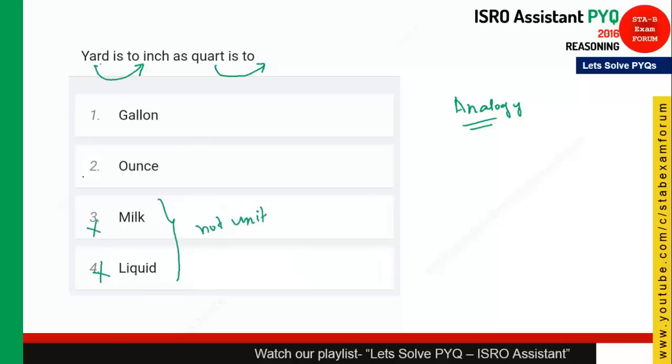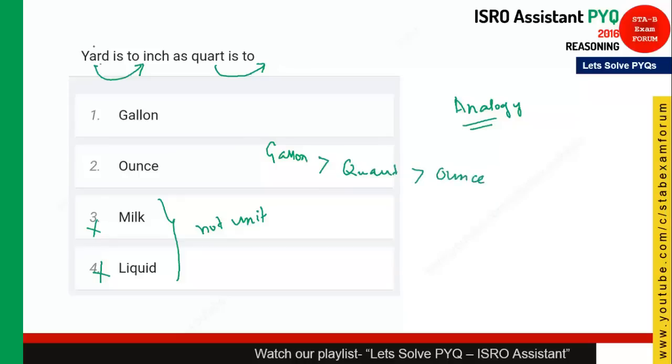So you are left with options 1 and 2. Gallon and ounce are both units of measurement, but for this particular question, gallon is greater than quart, and quart is greater than ounce. Ounce is the smallest of all.